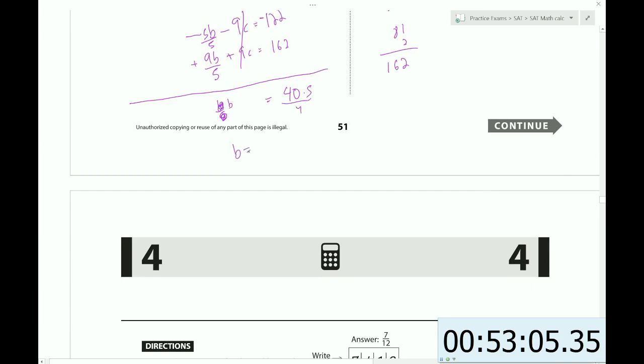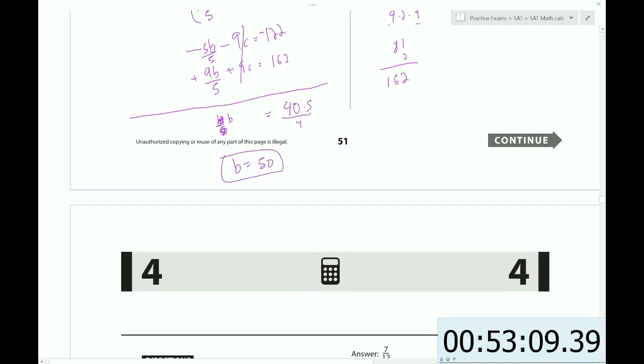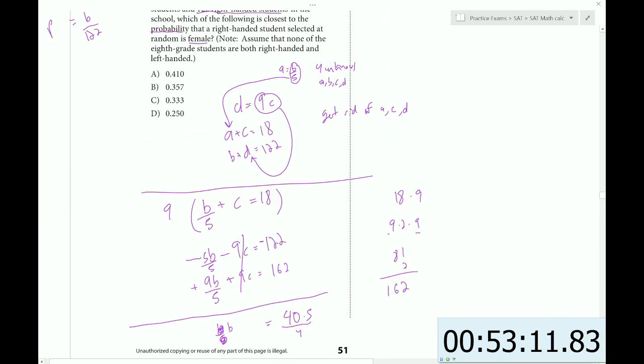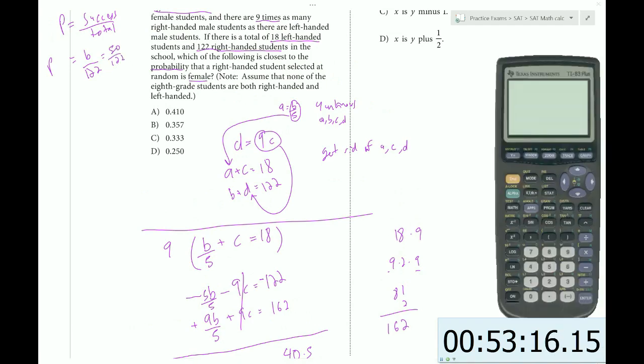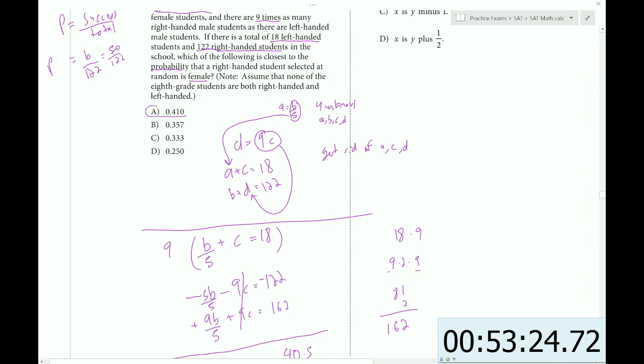So I end up with B equals 40 over 4 is 10, 10 times 5 is 50. So B equals 50. Then I can plug the 50 into here and do 50 over 122. I'll use the calculator for this. 50 over 122, and that's 0.409. So it's basically 0.410. Choice A.